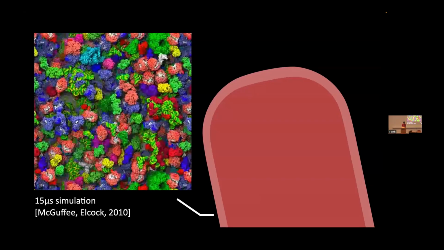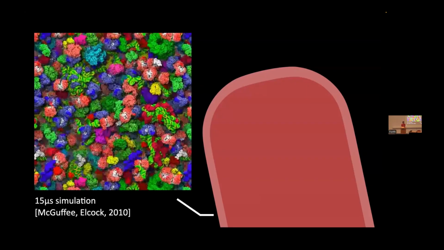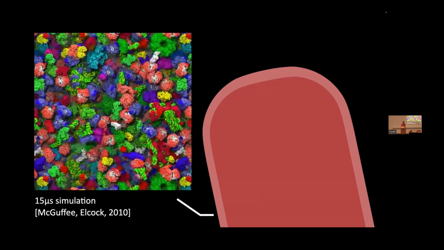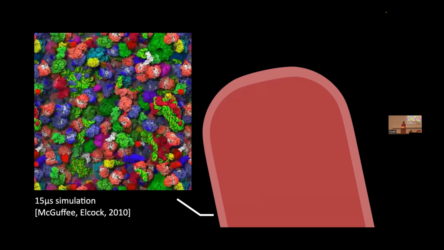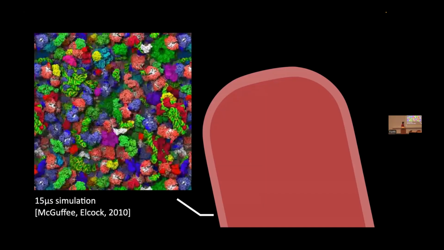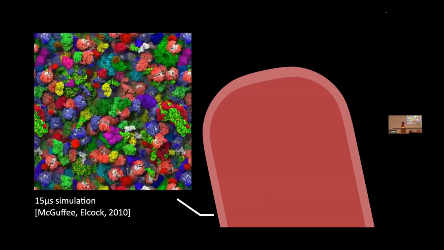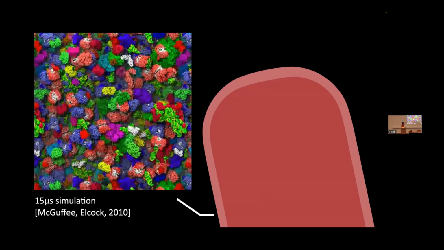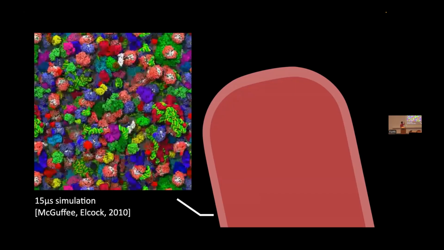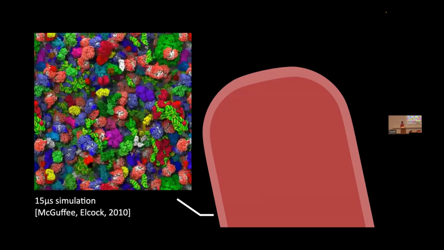So what's going on inside of these bacteria? I told you there's chemistry going on inside of these compartments. Here's a very nice simulation with some of the molecules and some of the reactions that happen inside of a part of an E. coli during 15 microseconds.